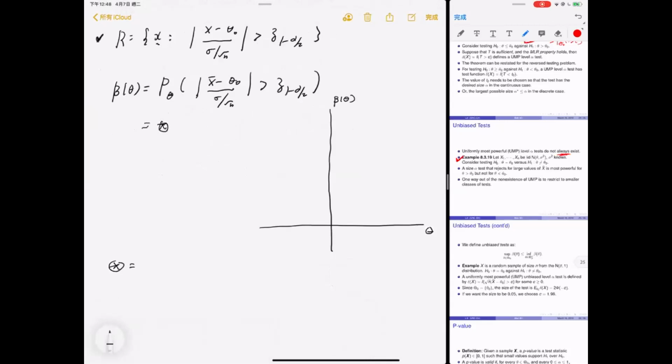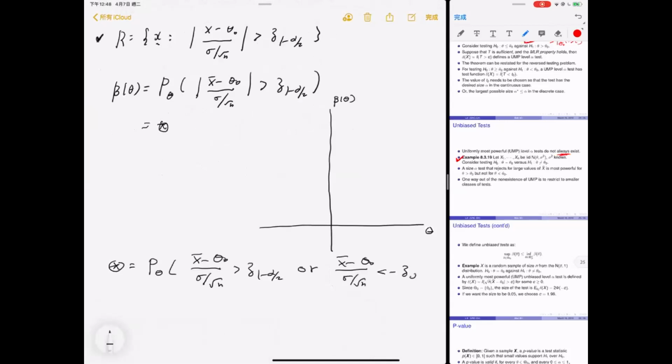I do have probability of theta. One side is x bar minus theta 0 divided by sigma over root n.